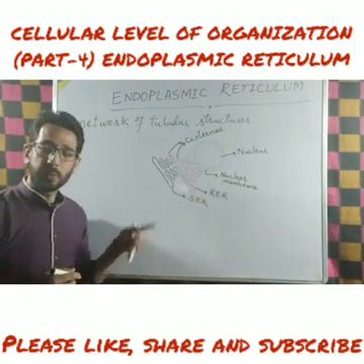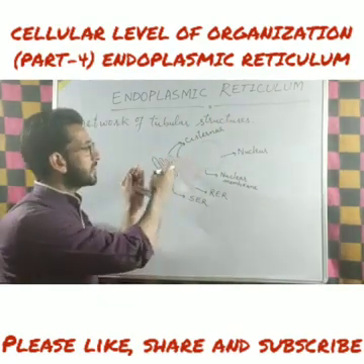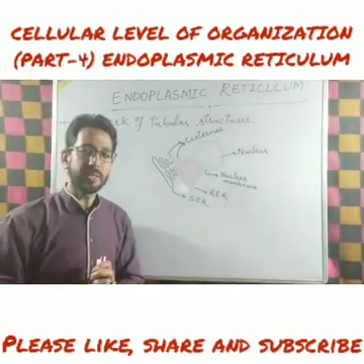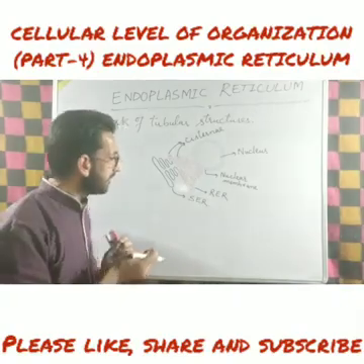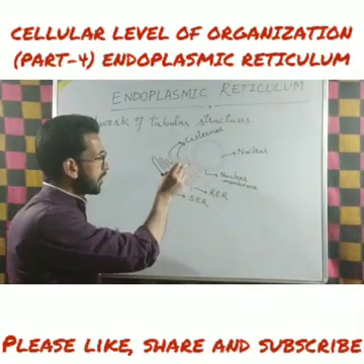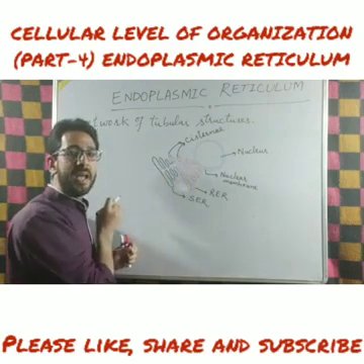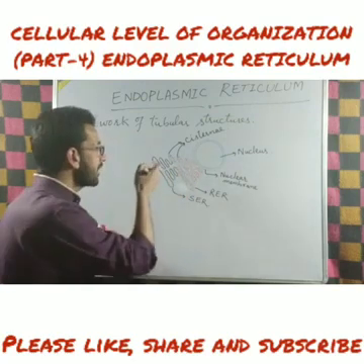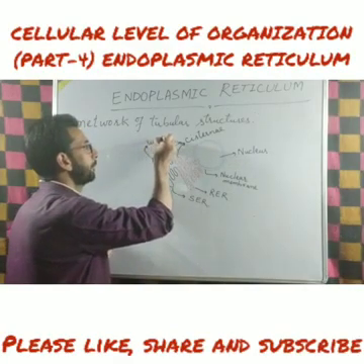Fine. These tubular structures are called cisternae, and the network of these tubular structures is called the endoplasmic reticulum. Fine. These tubes or tubular structures have a hollow space inside, and that hollow space is called the lumen of endoplasmic reticulum.